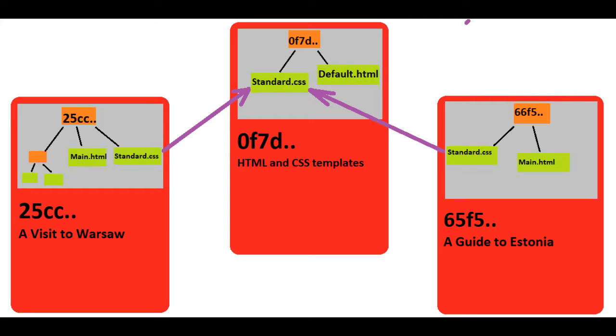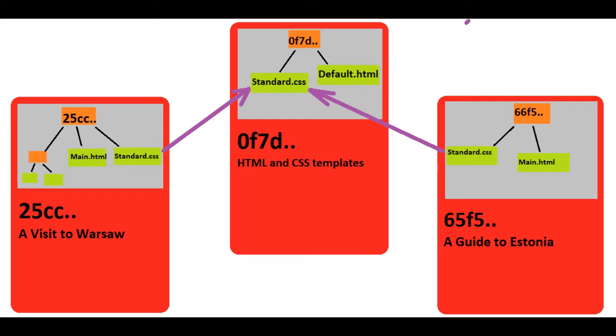The important thing now is that there are not three but just one standard.css file, which lives in the HTML and CSS templates project. The other two instances are not separate files but symbolic links to the original and so-called target file. The symbolic links are just aliases for the target and behave very much like the original.